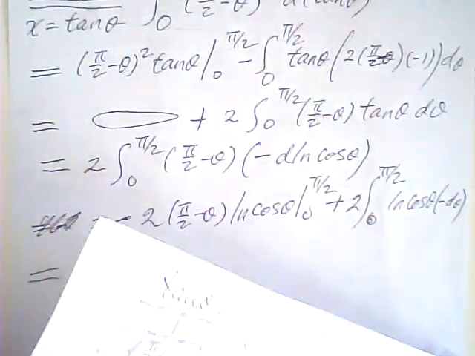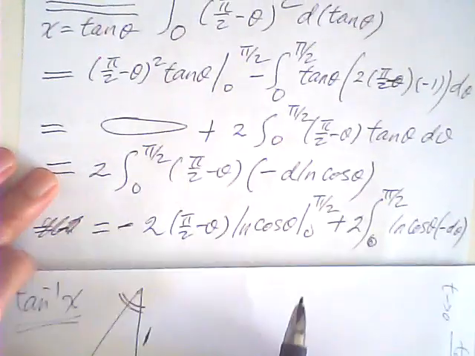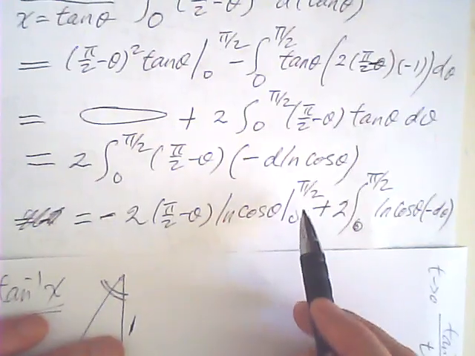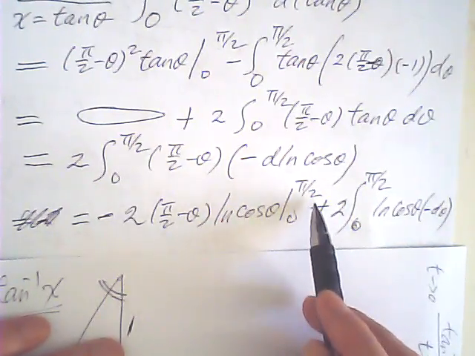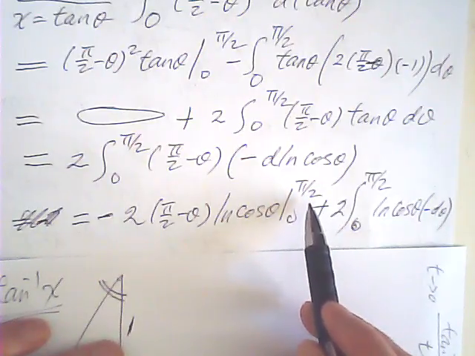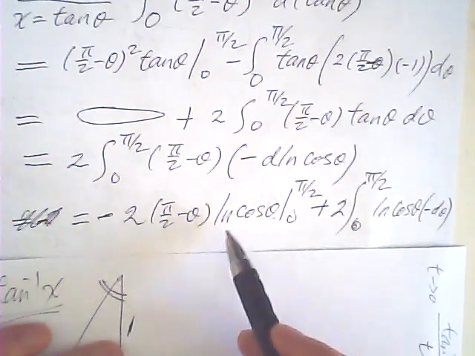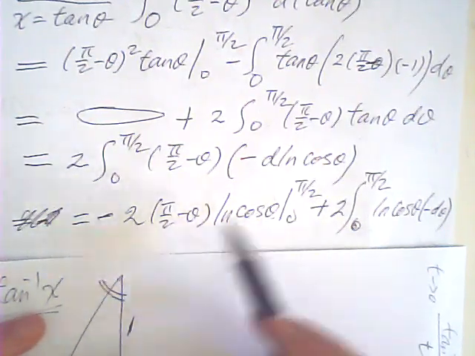Now this one, well, again, we have this. When theta goes to half pi, no problem. This goes to 1, right? 1 times log 1 is 0. So 0 times 0 is no problem.